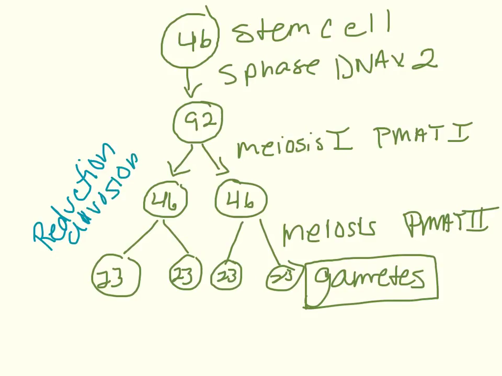So you don't have to know that, but that's a thing that kind of pops up now and again on MCAS. But it's a reduction division because we go from 92 to 46 to 23. Because as we split them down and make more cells, we have fewer chromosomes in each.